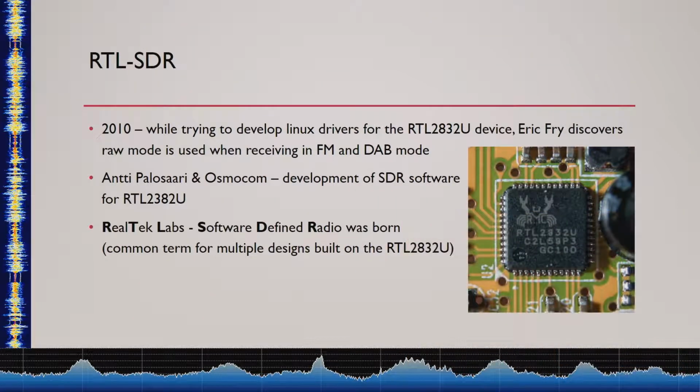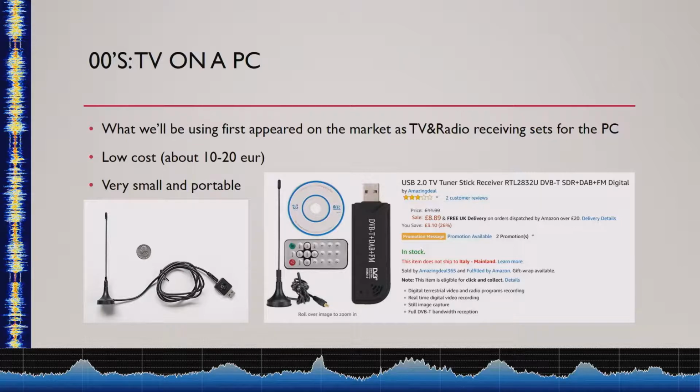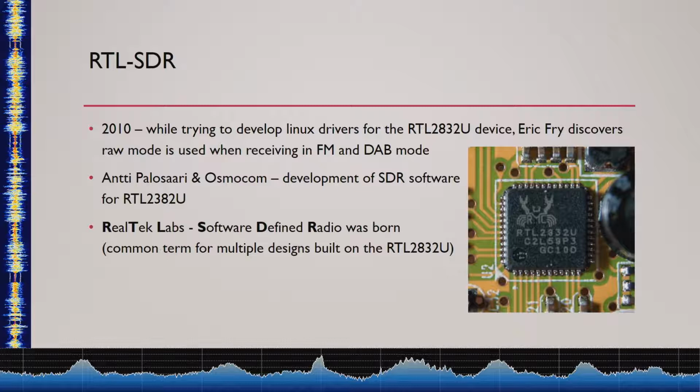In 2010, Eric Fry, while trying to develop Linux drivers for this device, discovered that a particular group of these devices, all those based on the RTL-2832U chip, when receiving in radio, either in analog mode or digital mode, were actually outputting the raw signals, and the software provided with the device itself was in charge of demodulating and filtering the signal and obtaining sound from it.